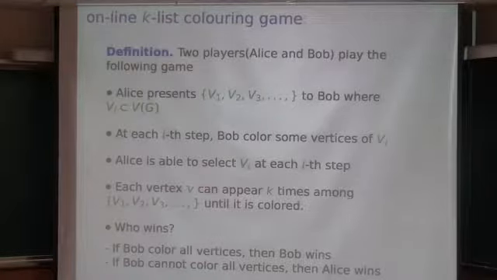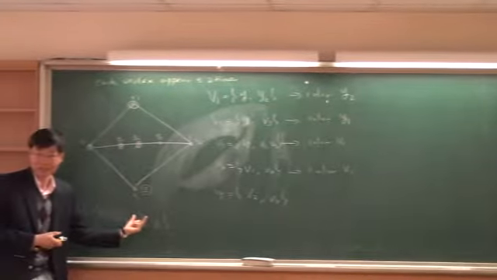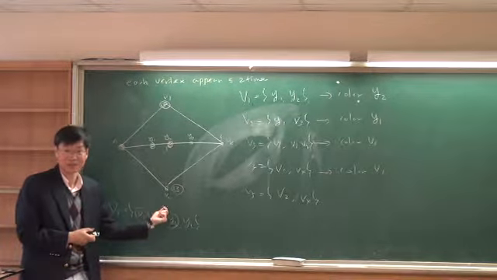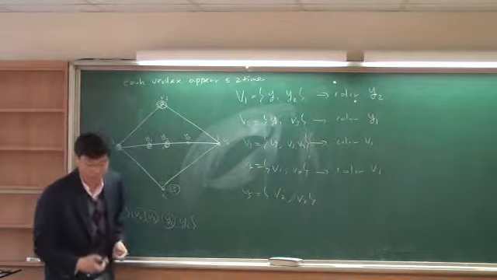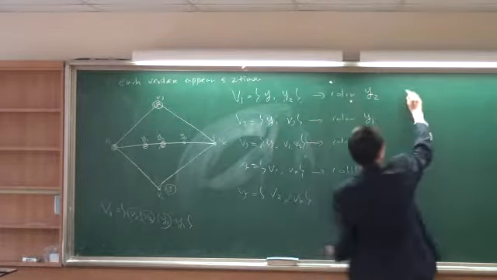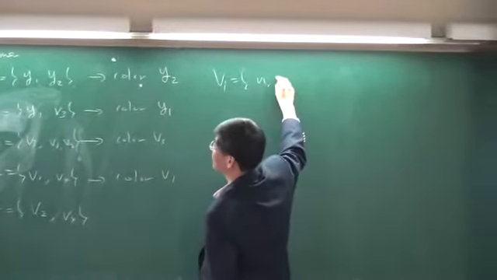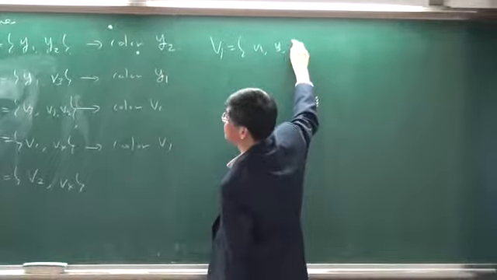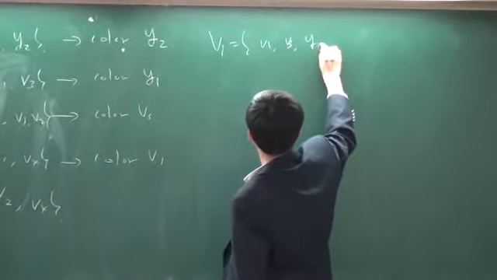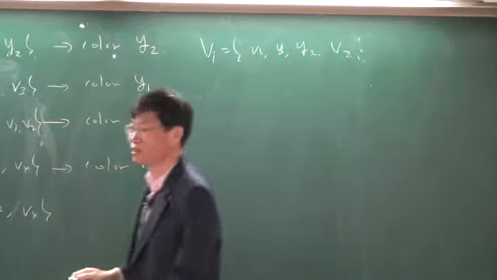If this vertex has 3 choices, then we can complete this coloring, and Bob is able to color this. So what happened here if Alice selects V1, as you said, V1, V3, Y2, V2?